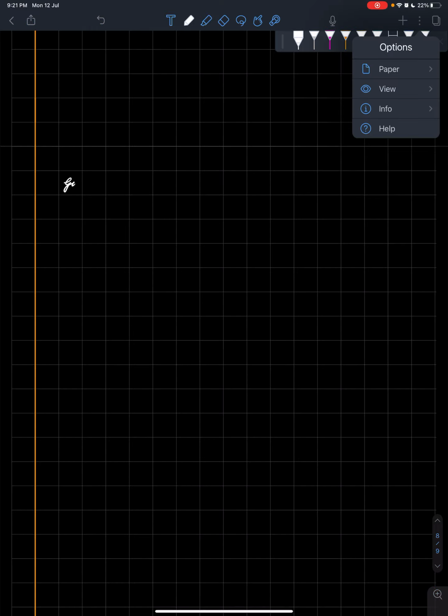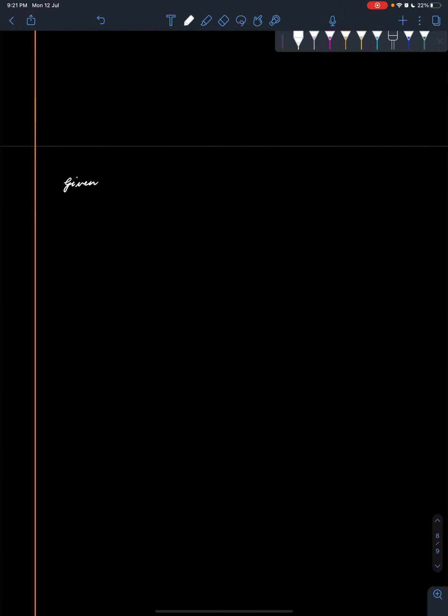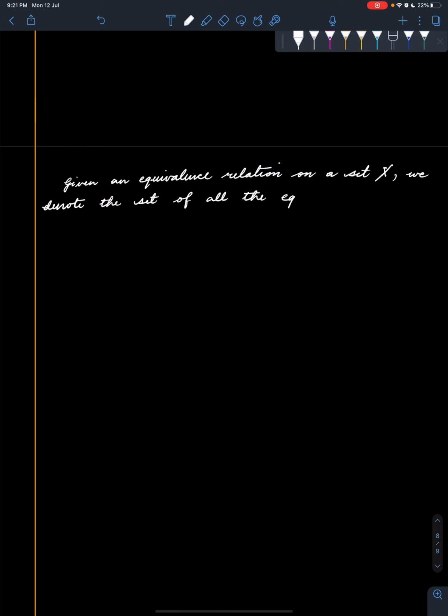So given an equivalence relation tilde on a set X, we denote the set of all the equivalence classes generated by tilde, or howsoever you want to phrase it, a set of all the equivalence classes as X, then we put a slash and then a tilde, and this is read as X mod tilde.